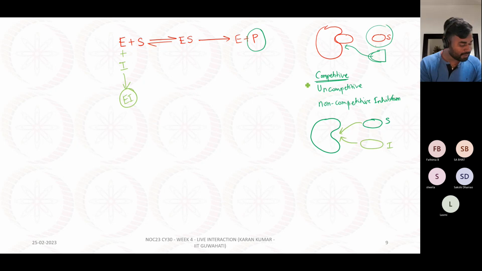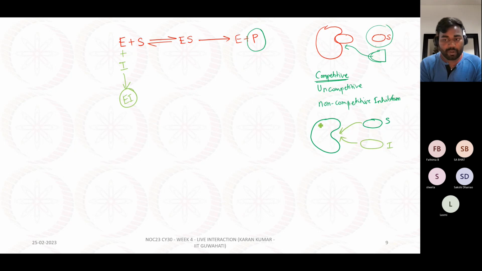Now what happens in uncompetitive or pure non-competitive inhibition? In that case, the inhibitor does not bind to the enzyme's active site directly. It binds to another site.